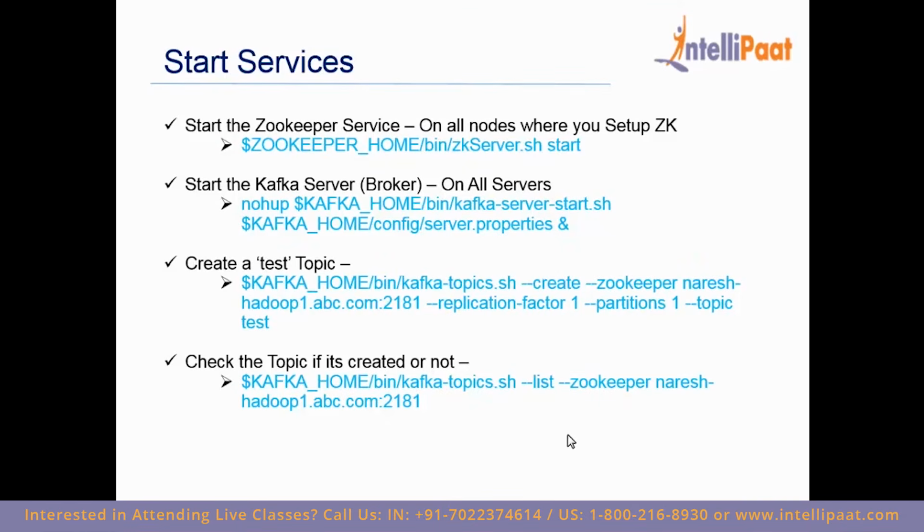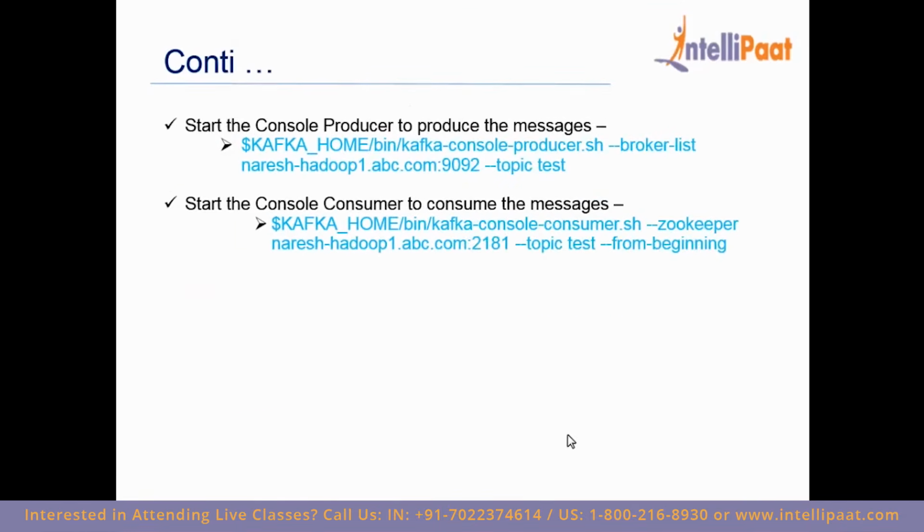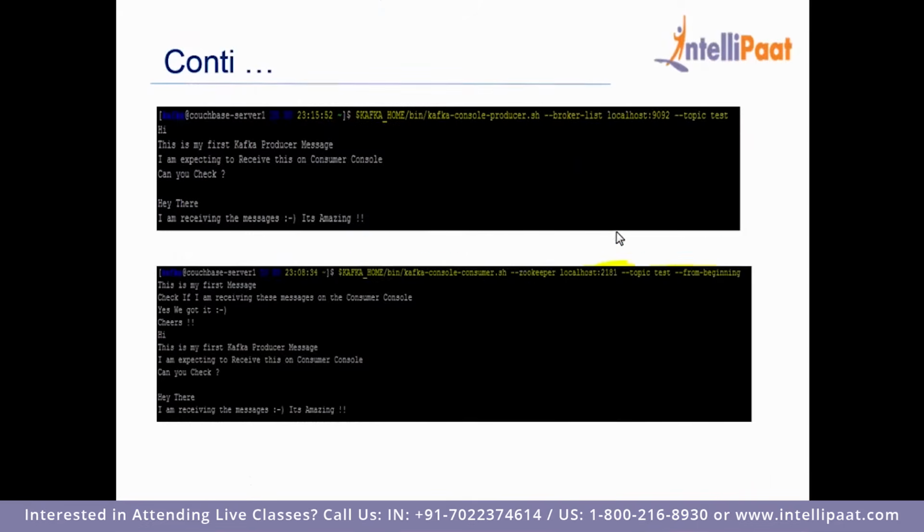We are done till here, and further you can simply run kafka-console-producer.sh to produce some messages, and kafka-console-consumer.sh to consume those messages. We have done this while we were setting up the single node Kafka cluster, so I am simply skipping this step.